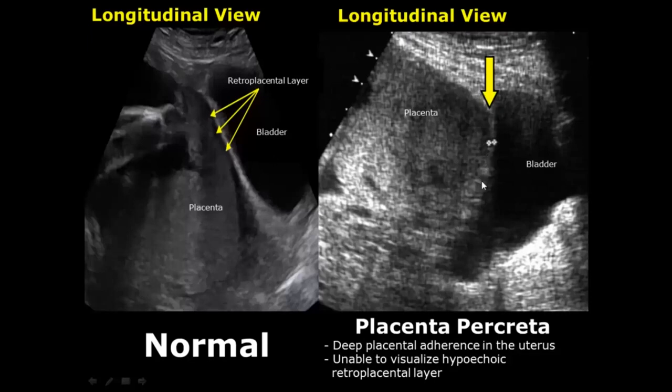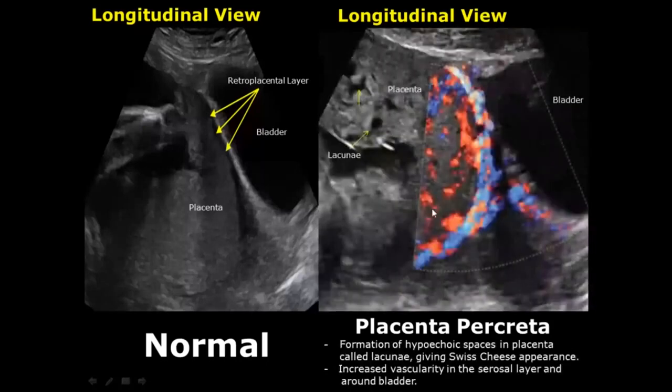The first 2 forms are hard to visualize on ultrasound, but the most severe form has some features such as non-visualization of retroplacental layer, which is hypoechoic. Here we cannot visualize that layer. We can notice this feature around the bladder. Over here you can see the hypoechoic layer, but here it is absent.